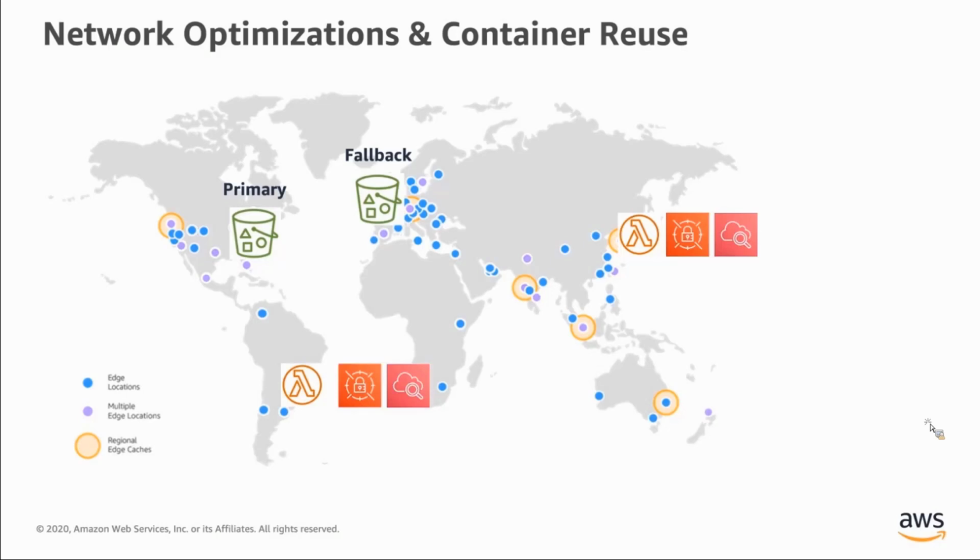Now, we also took advantage of the CloudFront origin failover feature to set both of these buckets as our origin. Now, if you focus on the Lambda function running in South America, you'll see that it makes sense for this function to reach out to Virginia as the primary origin, since Virginia is geographically closer to South America. And then if something were to happen, it can fall back to the Dublin origin.